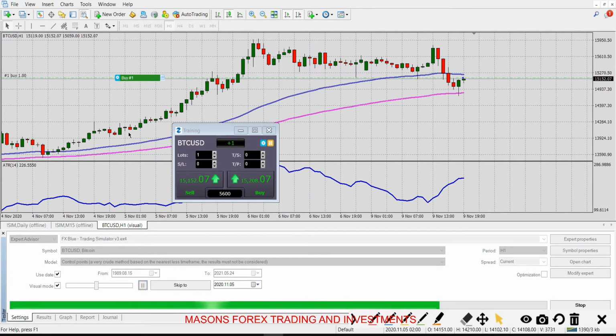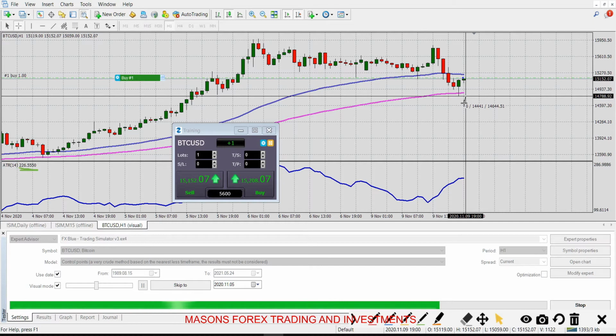Now I need to set a stop loss based on what we defined. We have a 14 ATR and the amount is approximately 226.55. I'm going to use the end of the candle or the wick to place a stop loss.